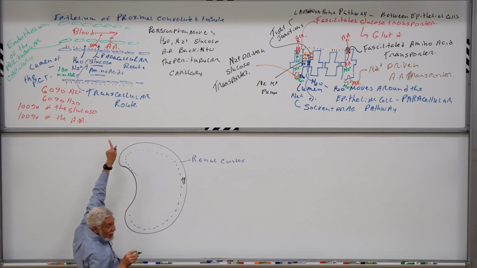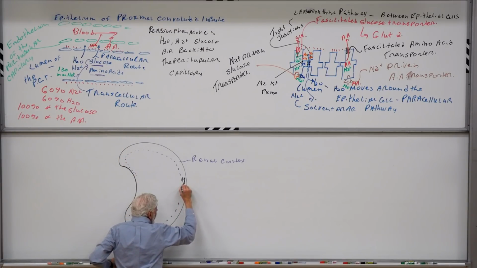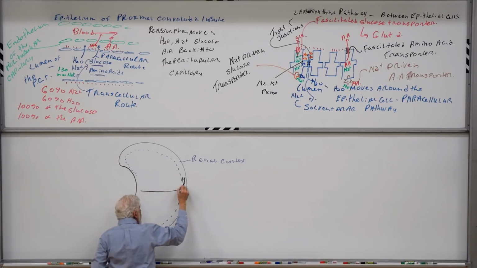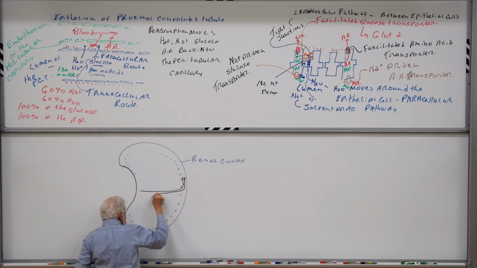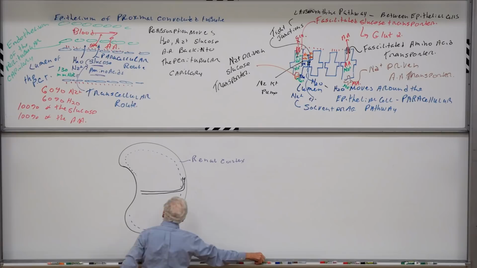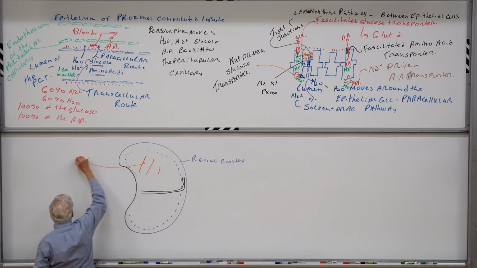But once we get inside the tube of the proximal convoluted tubule, and we follow that out, we now follow it down in this direction. It takes a turn, comes down deep in the medulla, because remember, this whole section in here is meant to be the renal medulla.